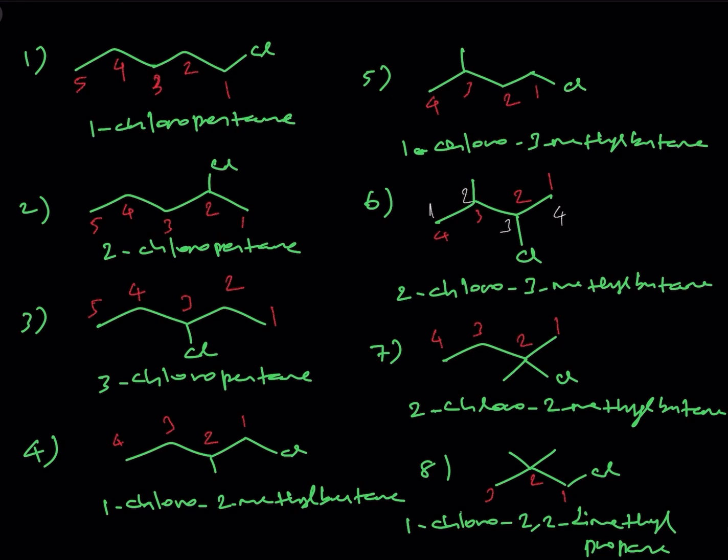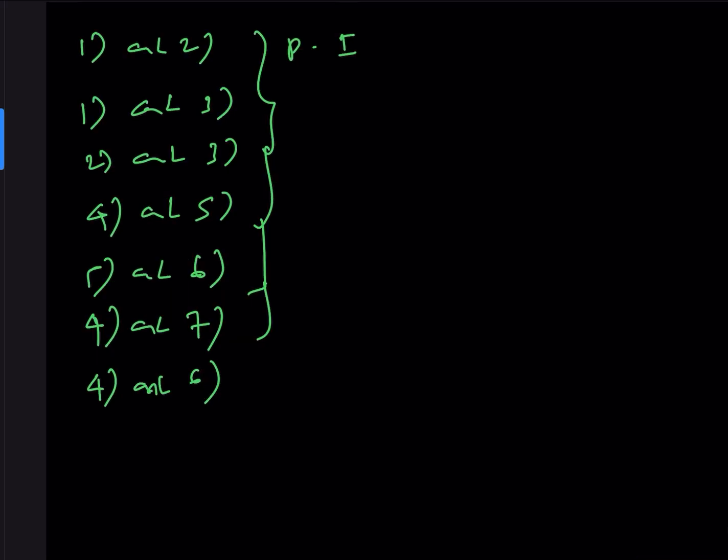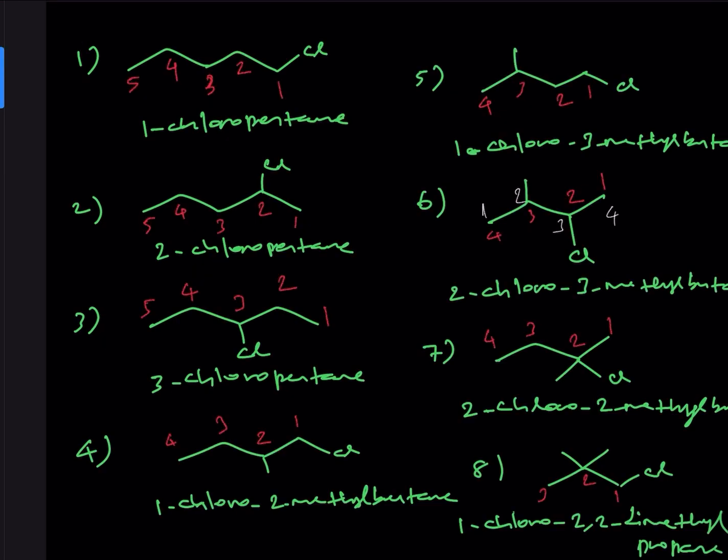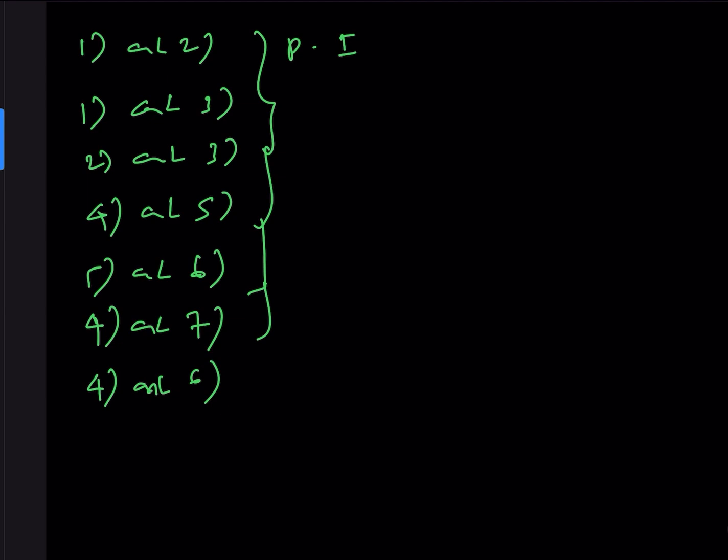Okay. Did we miss anything else? How about 4 and 7? 4 and 7 are the position isomers that we already counted. How about 5 and 7? 5 and 7 are position isomers due to both the methyl group as well as chlorine.